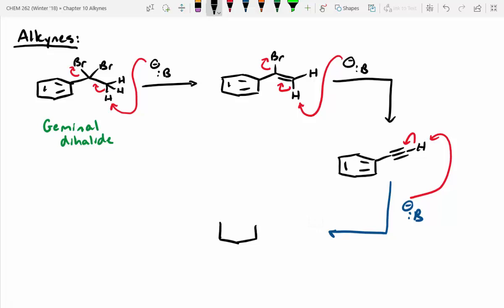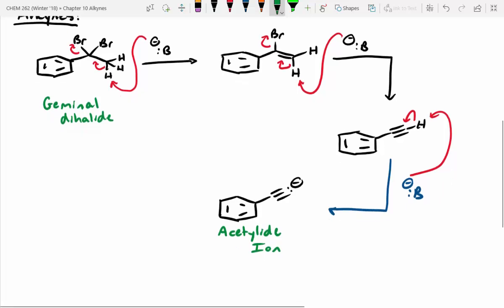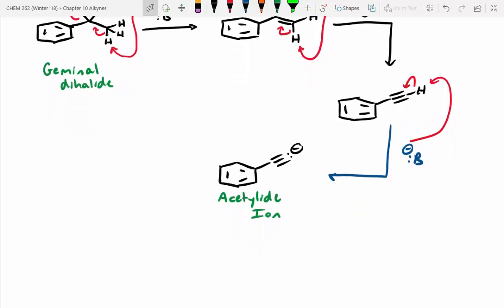So it's hard to control. And you'll end up with this ion. This is referred to as our acetylide ion. It's almost unavoidable in this reaction. You typically overshoot and get the acetylide ion. So what most chemists do as their workup is they treat this with some water.